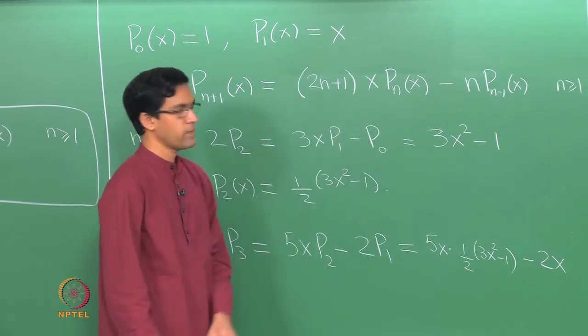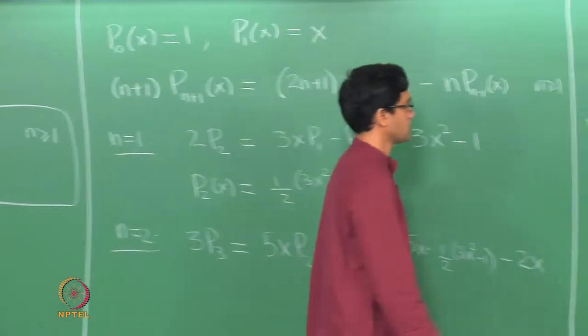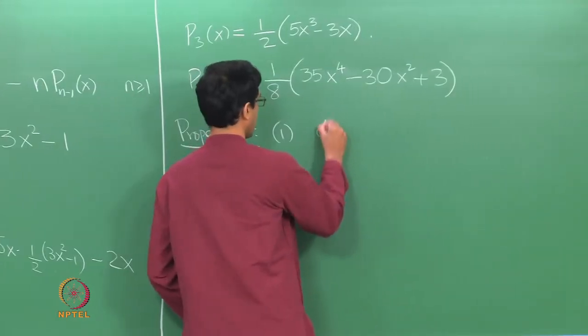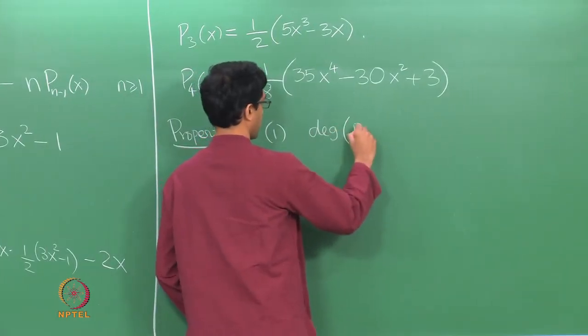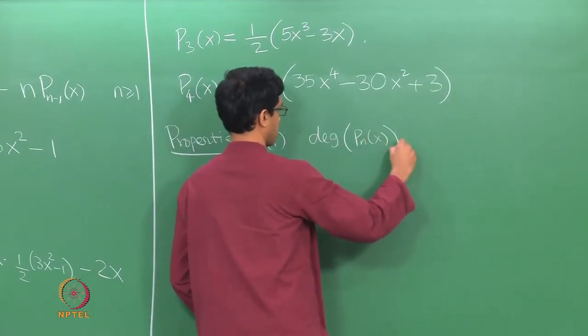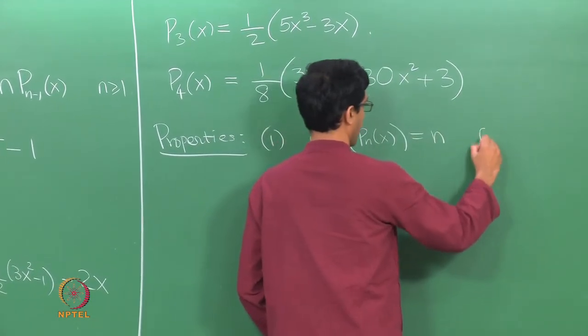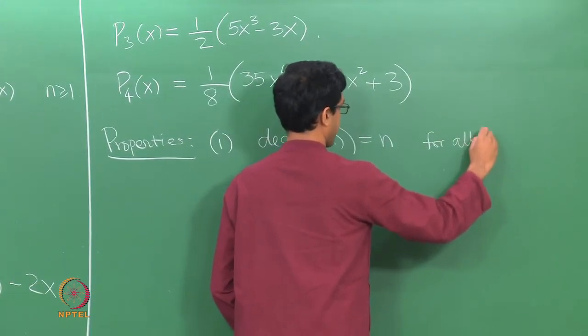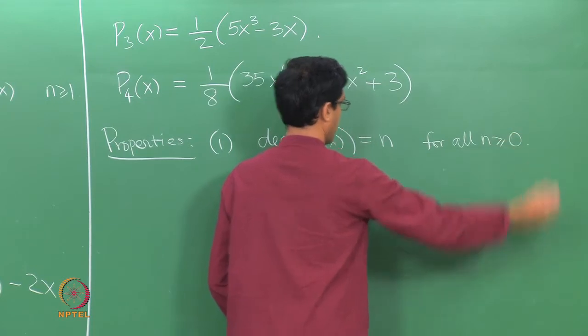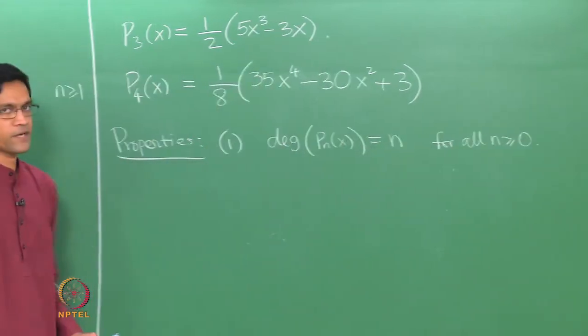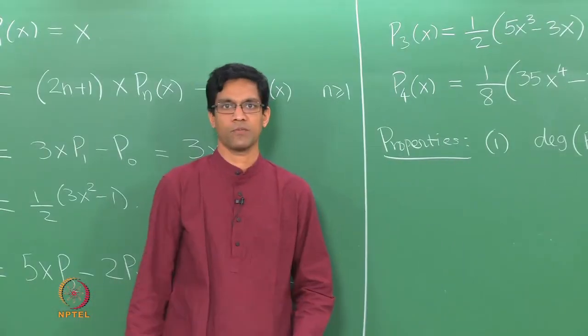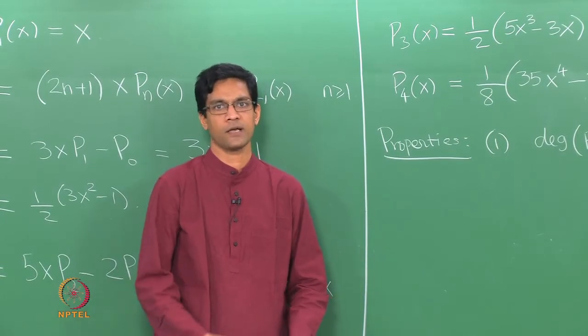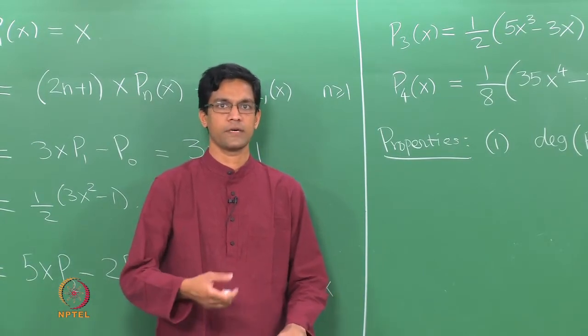P3 is degree 3, P4 is degree 4, and so on. So the property here is that the degree of Pn is exactly n for all n. And observe, this is in fact also true for the Tn's. We also said this as one of the properties of the Chebyshev polynomials, that Tn has degree n.